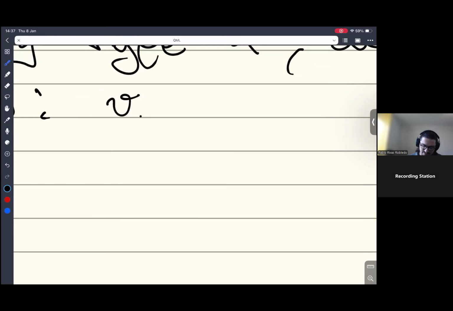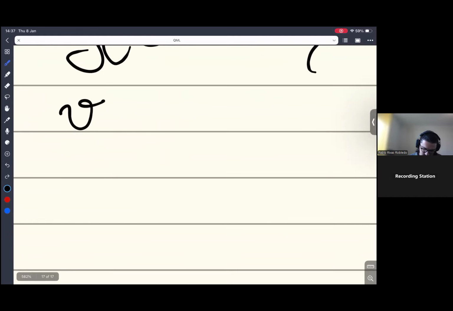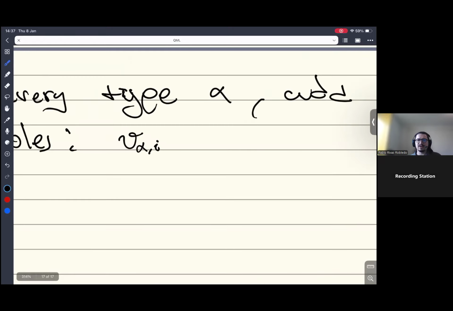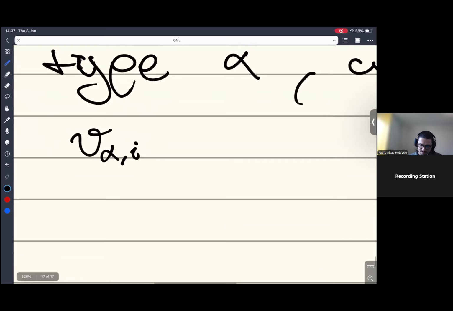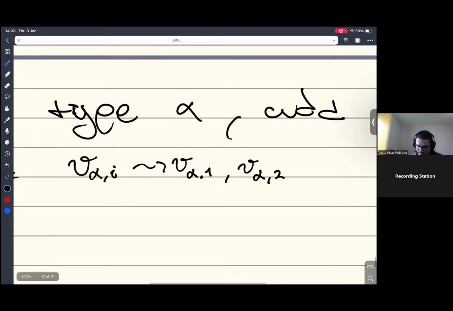So you're going to have that this is a variable of type A with letter alpha, I guess. Alpha, and then you're going to have to give it an assignment. So for instance, we will have alpha 1, that this is the second one, etc. Or you can use different letters, whatever you want.